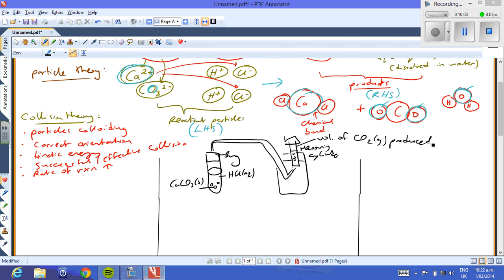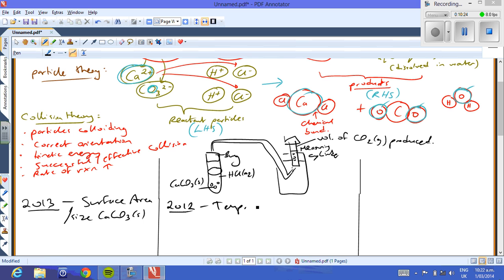Okay, so then what we looked at was I went through the exam papers and discovered this trend that in 2013 they talked about changing surface area or size of the calcium carbonate. In 2012 they looked at changing the temperature on the system, so the temperature that the experiment was carried out at.